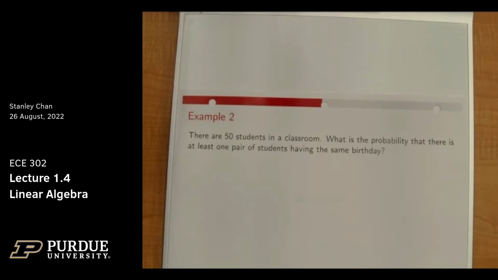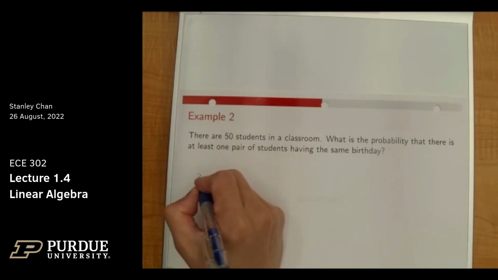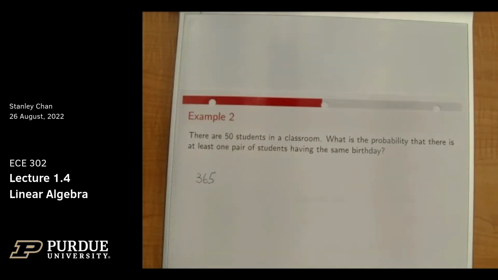The person can choose a seat according to his or her birthday. How many seats can the first person choose? 365 seats, right? So the first person has 365 choices.